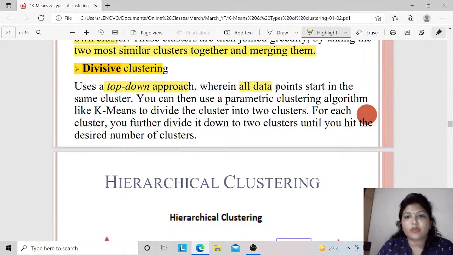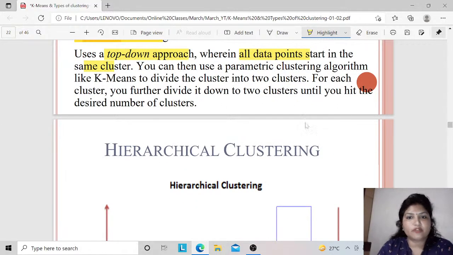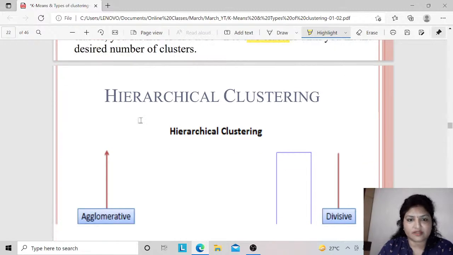I will be showing you with a number of examples. You can use a parametric clustering algorithm like k-means to divide this cluster into two clusters. For each cluster, you further divide it into two clusters until you hit the desired number of clusters, right?